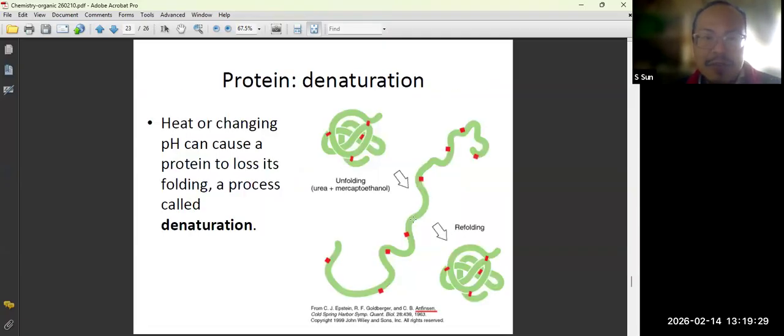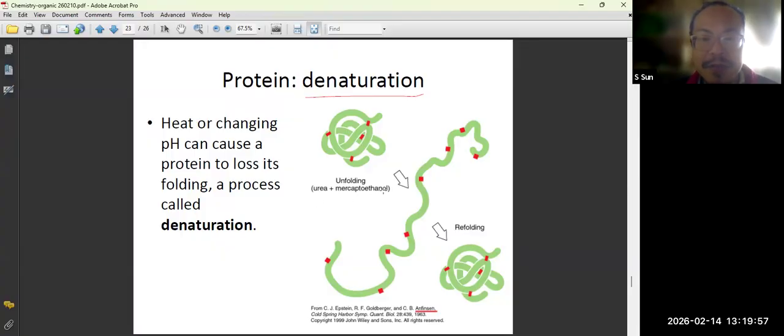So protein is folded. So here you can have a folded protein, and then when we heat it, we will denature it, meaning that we unfold it. So denaturation is protein unfolding.